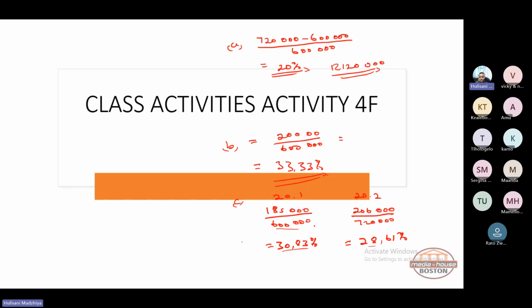Comparing the two revenues, we have 600,000 and 720,000, but if you take a look at 2002, the contribution by expenses is actually less compared to 2001. This means that in 2001, more expenses were incurred compared to 2002.